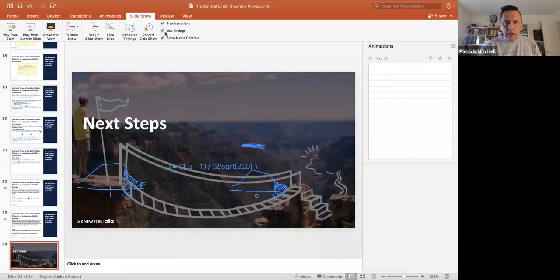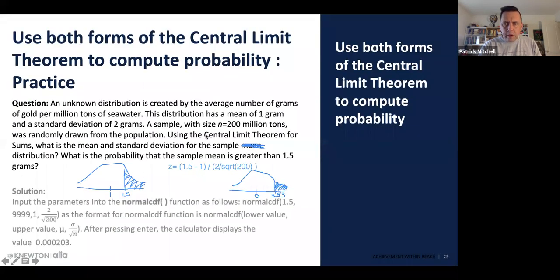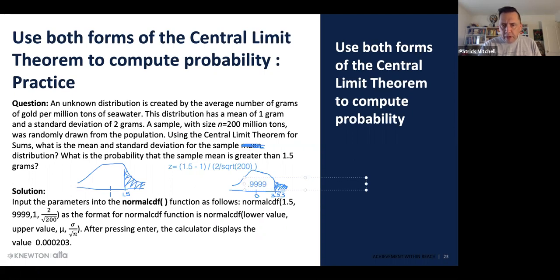Let's get back to the slide we were on. So if I was doing this problem with the table, I would say this area over here to the left of 3.53 is 0.9999, which means that the area to the right is 1 minus 0.9999.